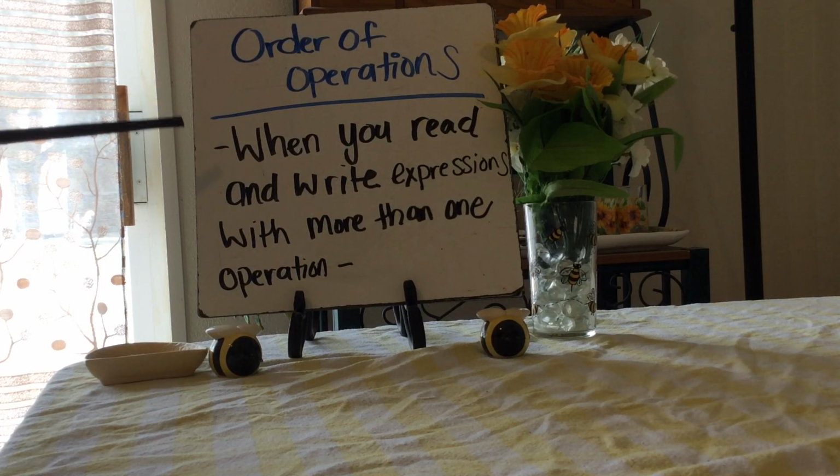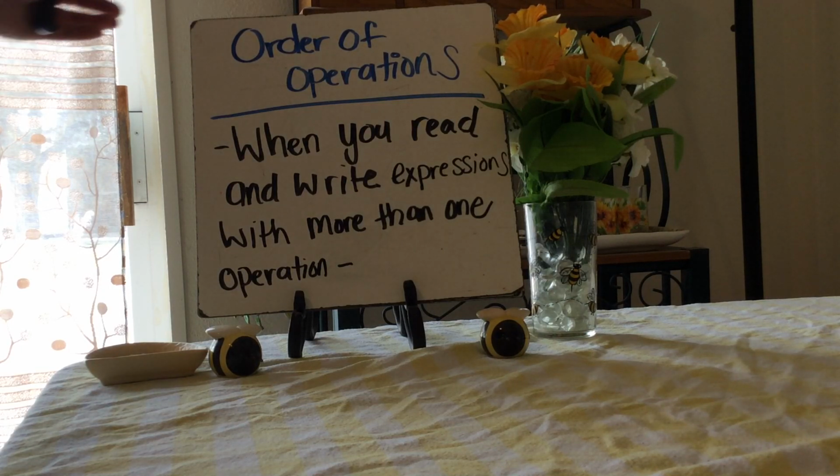So when you read or write an expression, which is what we just talked about in video 1, and it has more than one operation, which means maybe it has addition and subtraction, or it multiplies and divides, or maybe it has a combination of all of them, then there's a certain order in which we need to solve a problem, and that is called order of operations.